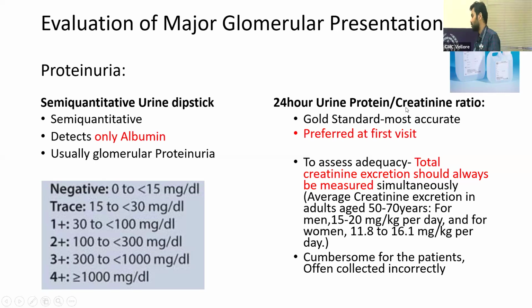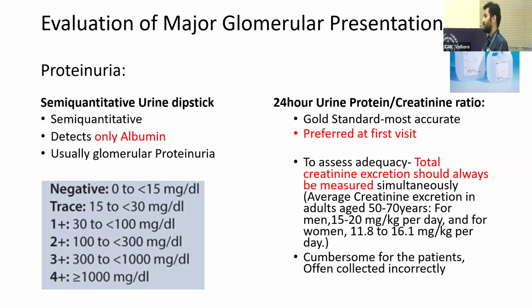Next is the 24-hour urine protein creatinine ratio. This is the gold standard method, because many times it is the most accurate. If you suspect some glomerular disease, always do the 24-hour urine protein creatinine ratio, not 24-hour urine protein alone. You have to do the creatinine ratio also, because many times the patient may not collect the urine properly. If they under-collect the urine, the quantified protein will be less, and it may miss nephrotic proteinuria.